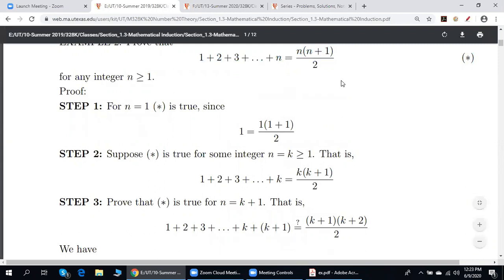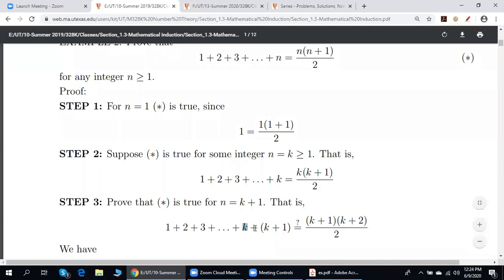If n is equal to k plus 1, this becomes k plus 1. This becomes k plus 1 plus 1, which is k plus 2. On the left-hand side, the last term is k plus 1. And it is convenient for us, in addition to the last term, to write down the previous term.